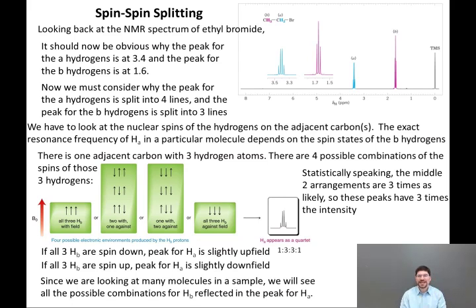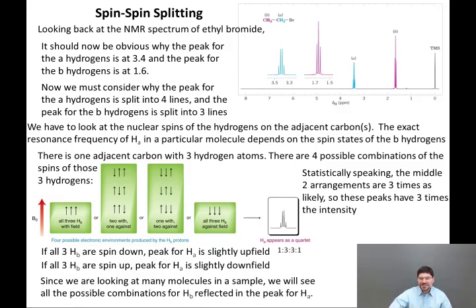That's what I'm trying to indicate with this green diagram here. So these peaks then will have 3 times the intensity, because there will be simply more molecules in solution where your HBs have 2 one way and 1 the other way than molecules in the solution where all of the HBs will be either up or down.